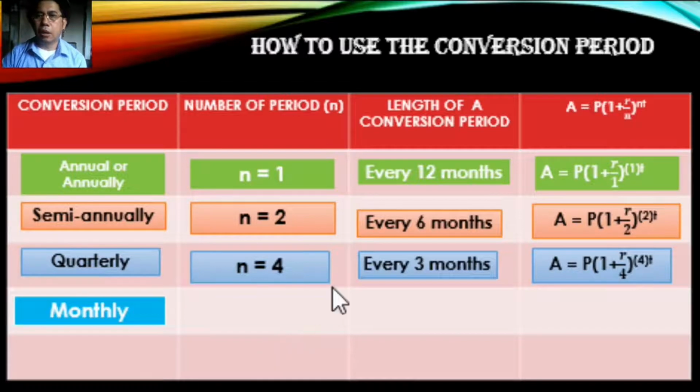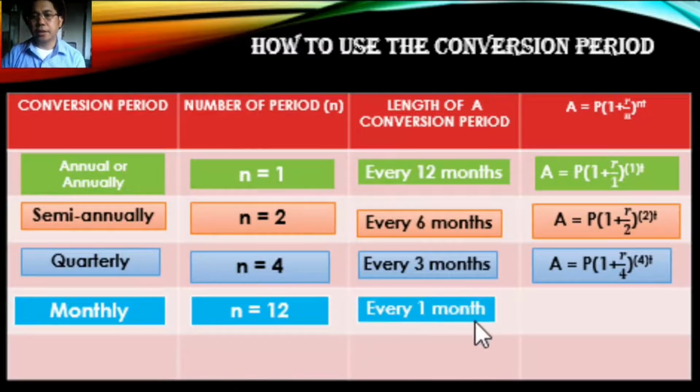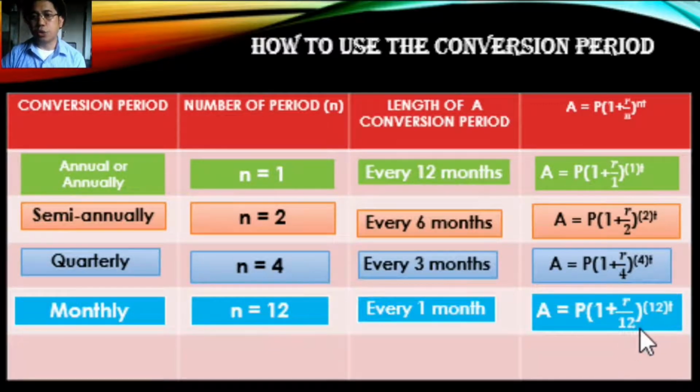Monthly. Now, how many conversion periods in a year? There are 12. And how long is one conversion period when we say monthly? That is 1 month or 30 days. And how will we use this conversion period? 12. You just plug it in as your divisor and use it as a factor in your exponent.